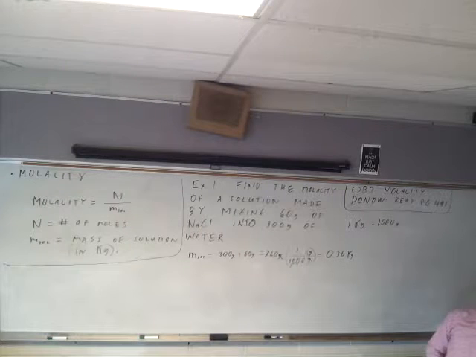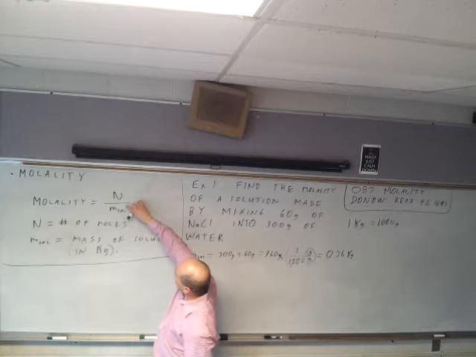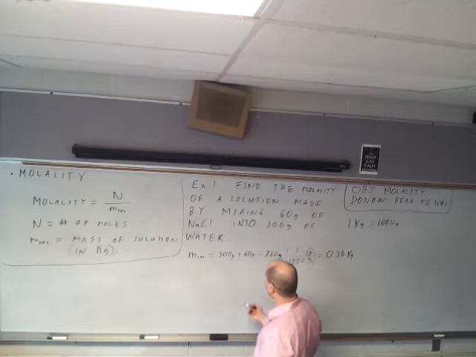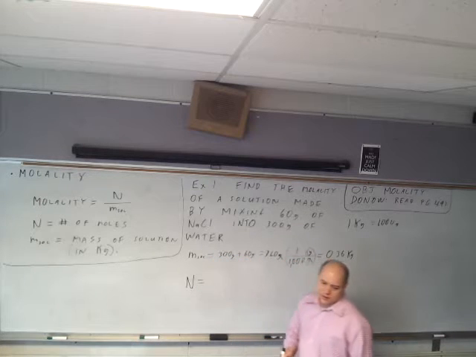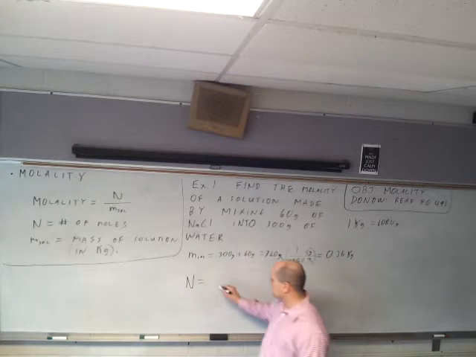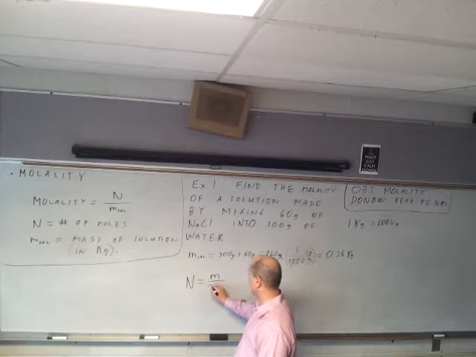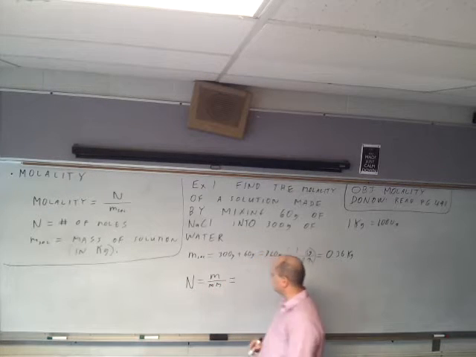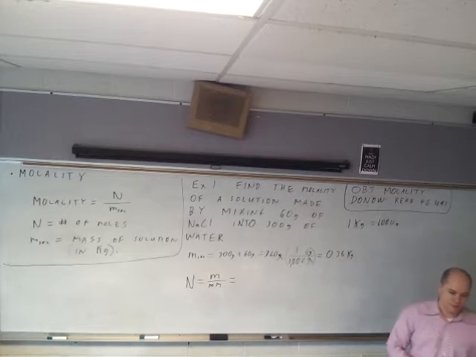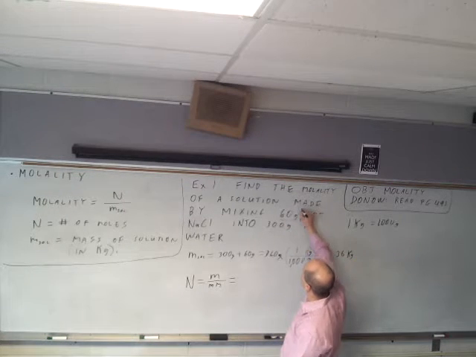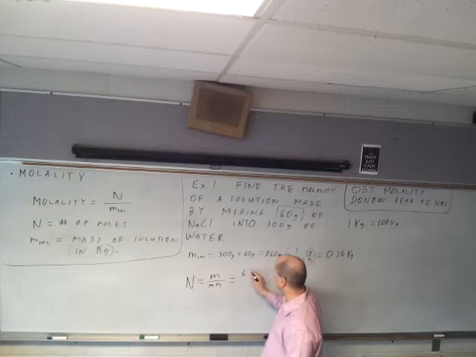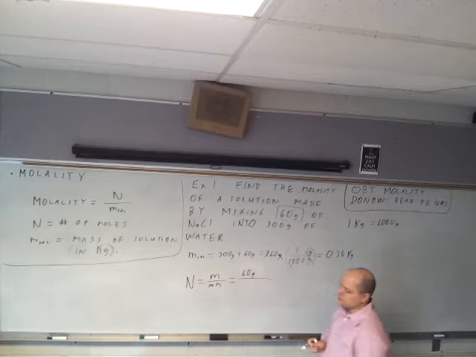What's the other thing we need to find? Number of moles, right? Because those are the two things we need to plug into this equation to get molality. So let's find number of moles. This we've done a million times, right? Mass divided by molar mass. What mass am I going to use? The mass of the solute, the salt that I dumped in there, which in this case is table salt.